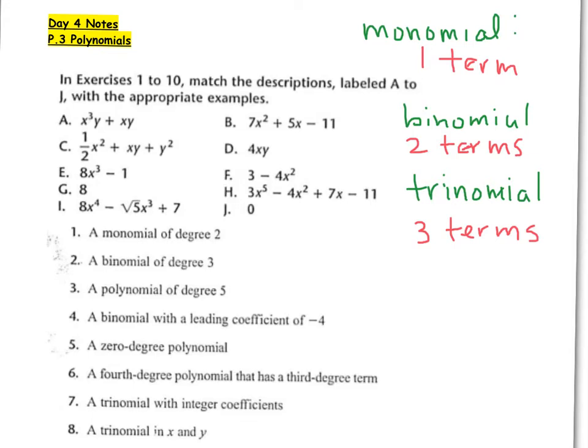Degree has to do with the powers of the terms. Each term itself can have a degree. So in order to get the degree of a term, we need to examine that individual term and sum up the powers of the variables.